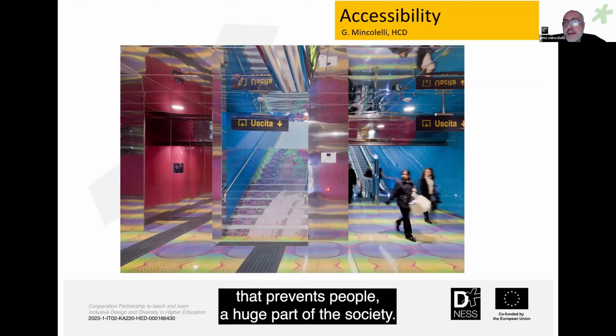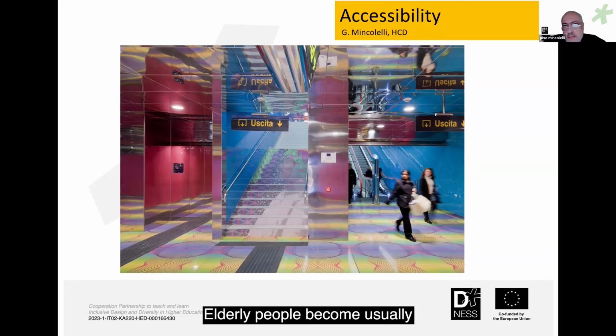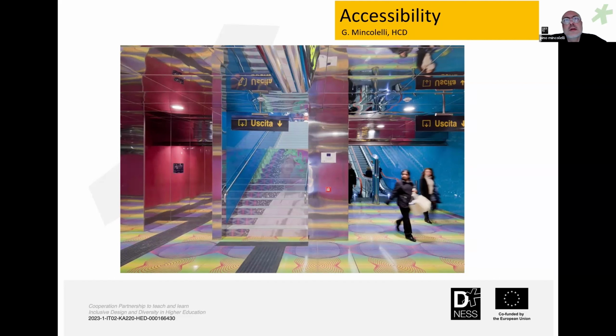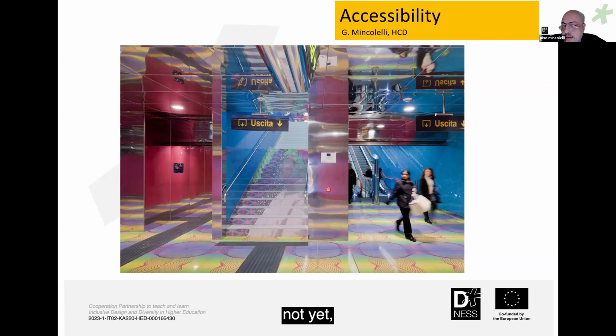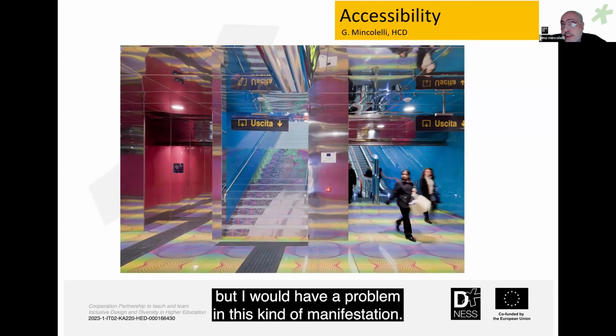It prevents a huge part of the society, elderly people that are usually visually impaired, even if not severely. I am 57 and I have visual impairments. I need to have glasses. I do not consider myself old, not yet. But I would have problems in this kind of metro station.